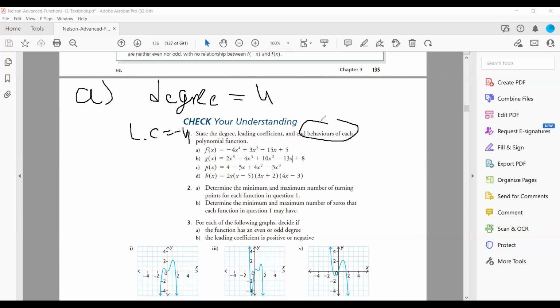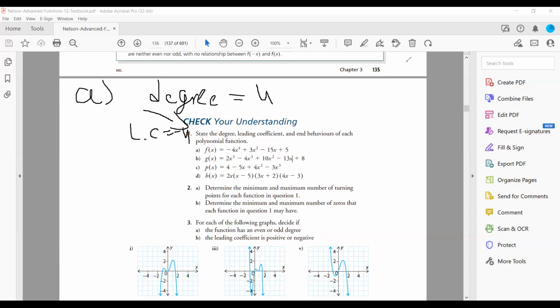And end behavior of each polynomial function. So what can we say about the end behavior of this function? We know that for even degree functions, the end behavior would be similar, right? So basically the same. And in this particular case, we have to look into the leading coefficient. It will tell us what value the function will have as x goes to positive infinity and x goes to negative infinity.